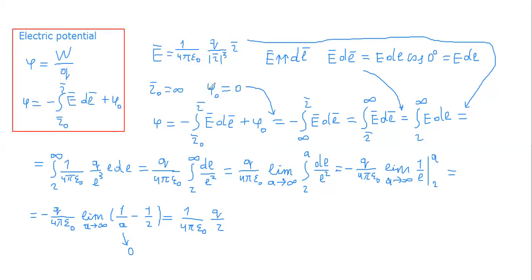Okay. One more thing it is necessary to say. We can set R0 and Phi0 like this only in the case when charges are in a limited part of space.